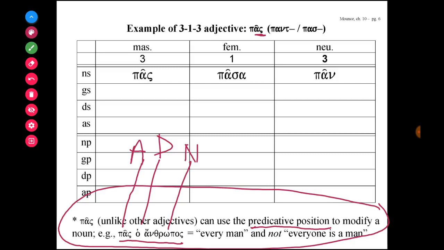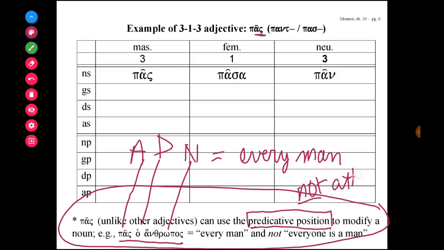But yet, what we'll translate this as is not everyone is a man, but we translate this like we would the attributive adjective, we translate it as every man. So even though pas is positioned in the predicate position, not the attributive position, nevertheless, we translate pas in the predicate position adjectivally, as every man.